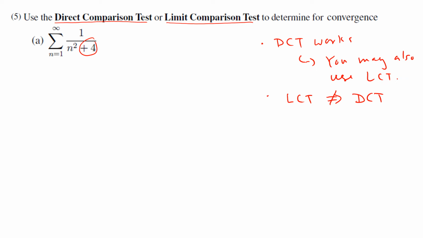So let's write the fact here. The P series, 1 over n to the P, where n starts from 1 to infinity, converges when P is greater than 1.